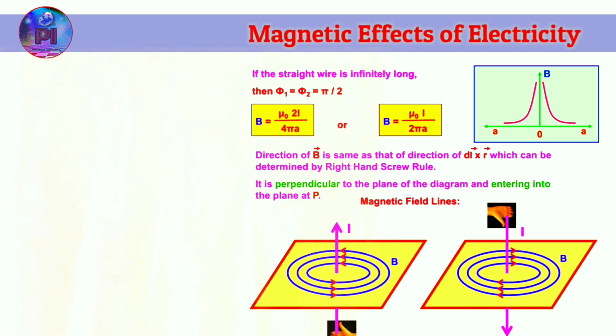So we find the magnetic field due to the whole conductor by integrating from minus phi 1 to phi 2.